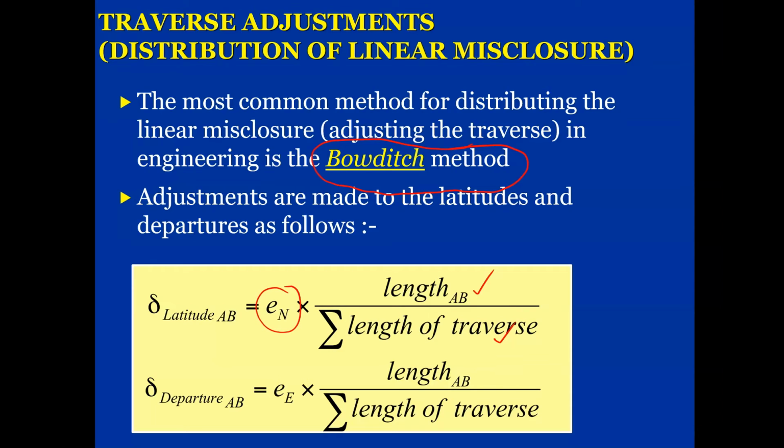And the same goes for correction in departure: length divided by total traverse length multiplied by the error in departure. So that's basically what Bowditch is. Quite straightforward, simple corrections, which means that if the length is long, a longer length will get a bigger correction compared to a shorter length.